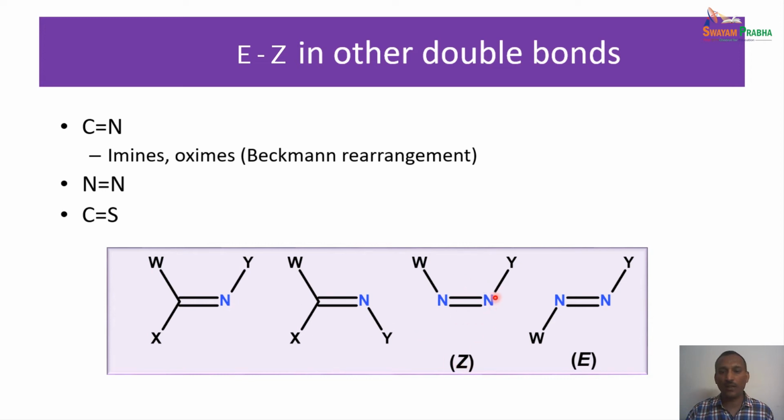Because this is a tri-substituted one, we have some problem in assigning cis-trans isomers. In the case of disubstituted compounds, we can easily assign E/Z nomenclature because the two groups are either on the same side or on the opposite side.